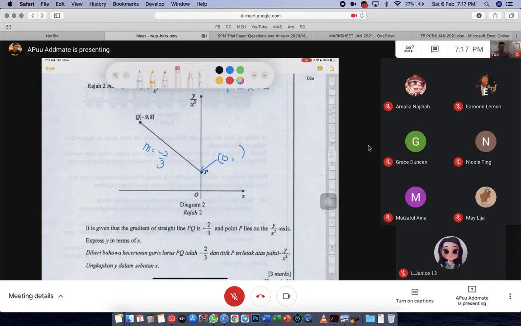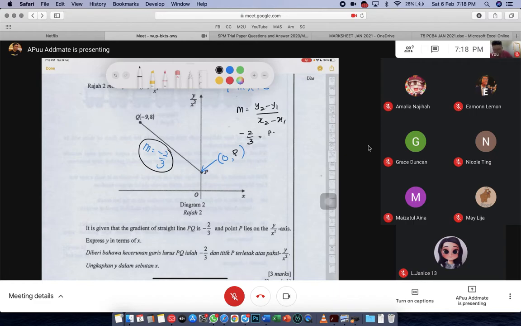Okay, so let's take a look. What you see here is that you have the value of m, right? You have the value of m, which is the gradient, equals negative 2 over 3. So what is your formula? m equals y2 minus y1 over x2 minus x1, right? So your m is negative 2 over 3 equals, because I do not know what p is here, I can say p minus 8, right?